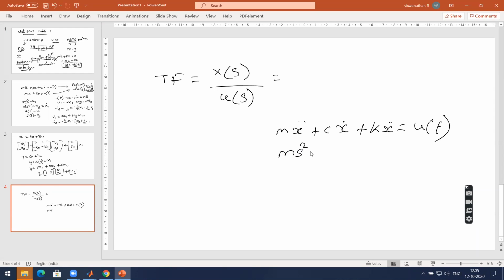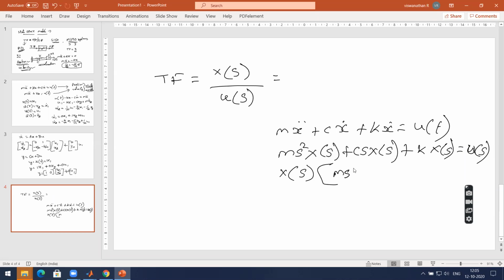Ms square X of s plus Cs X of s plus K X of s is equal to U of s. So X of s common. What do you get?